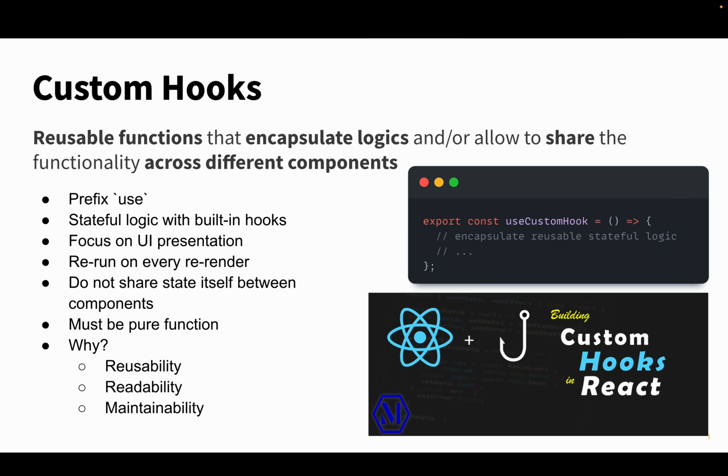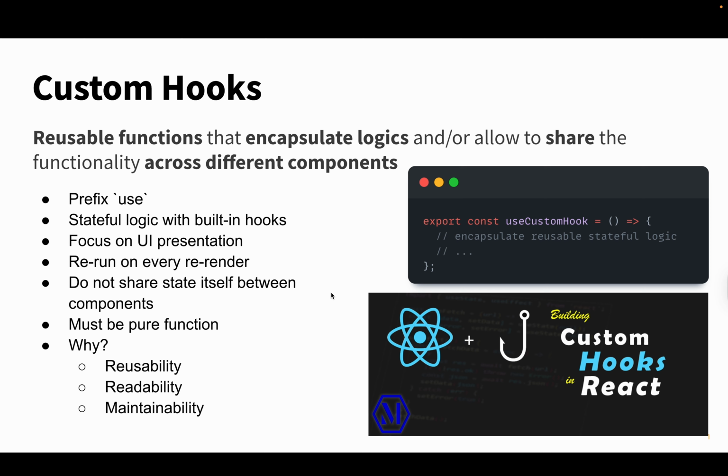On top of that, we have a couple more things to consider. One is that whenever your component gets re-rendered, your hook gets rerun. What it means is all the logic inside will be rerun whenever your component gets re-rendered, so you probably need to make some optimization using useMemo, useCallback, and so on.